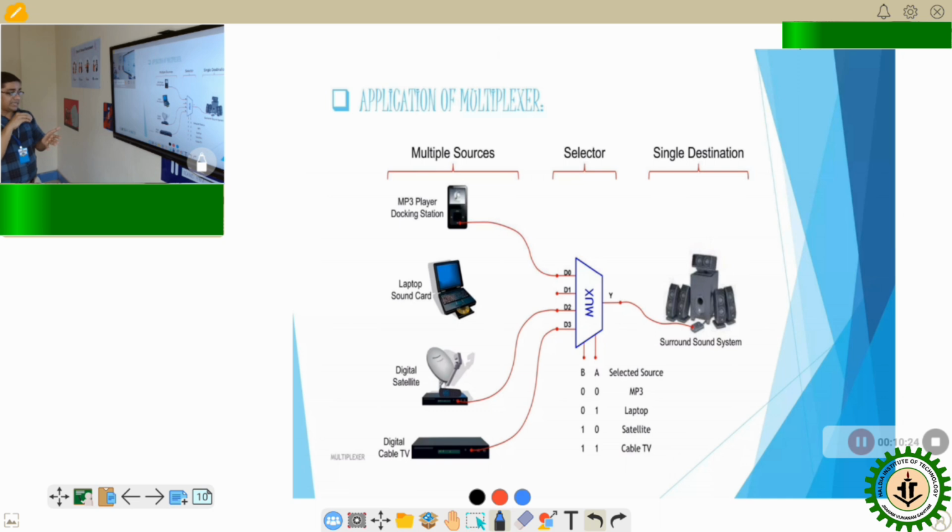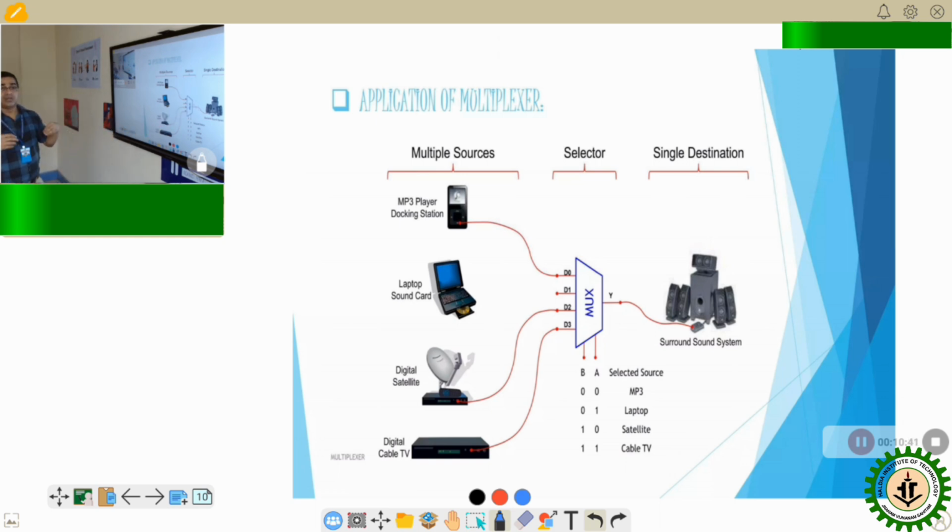So the data inputs will be connected according to the select inputs. That means the select inputs decide which source will be connected to the data line, and we will get the sound system, that means we will get the sound.